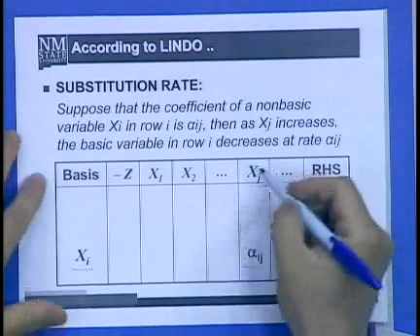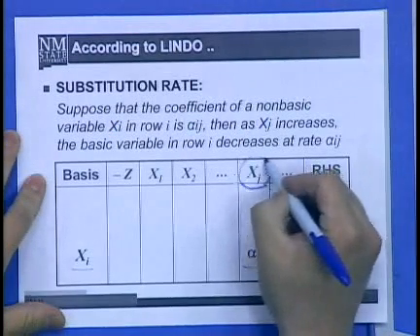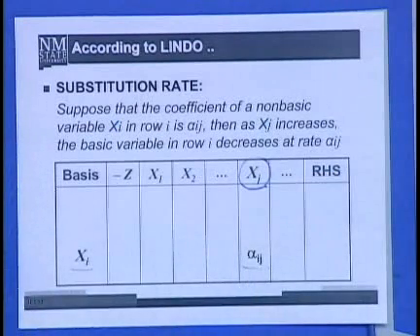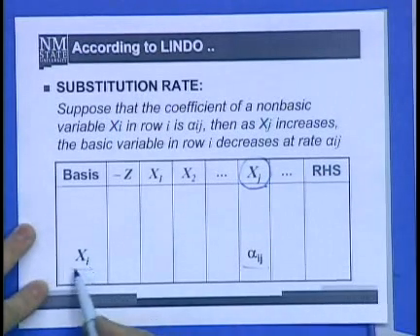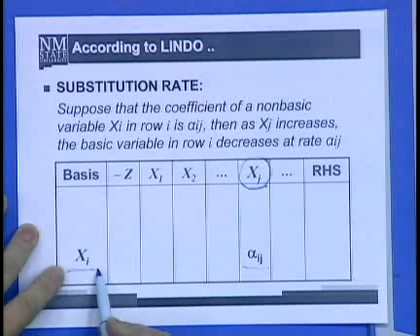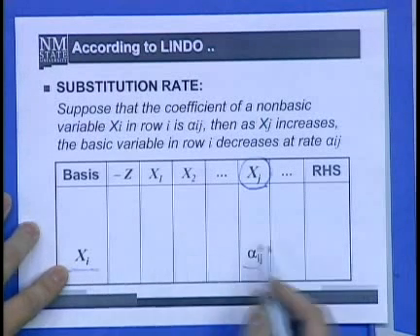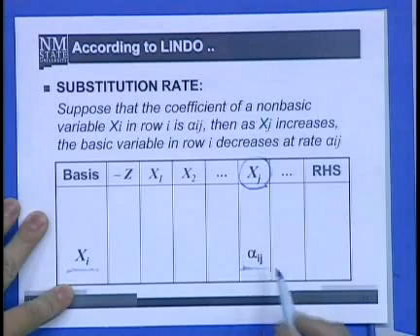Then as this xj variable increases, the basic variable in row number i, which is xi, decreases at the rate of alpha ij.